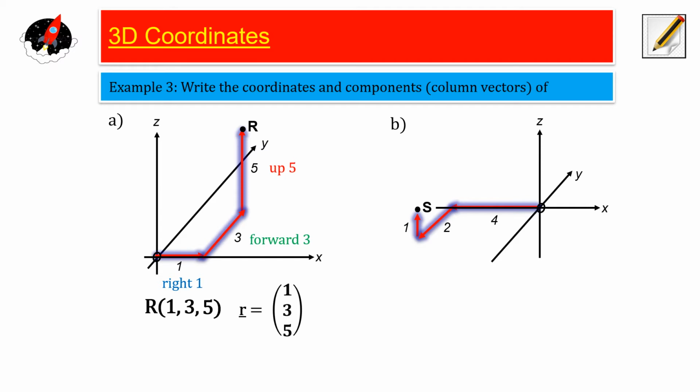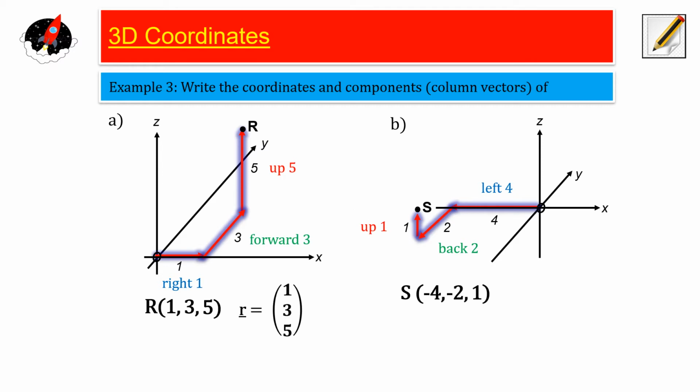If we look at B, the example we have here, from the origin this time we need to go 4 to the left, so remember left is the negative x direction, so we would need to write that as negative 4. Then we need to come 2 back, so again that's a negative direction, so that would be minus 2 for the y component.